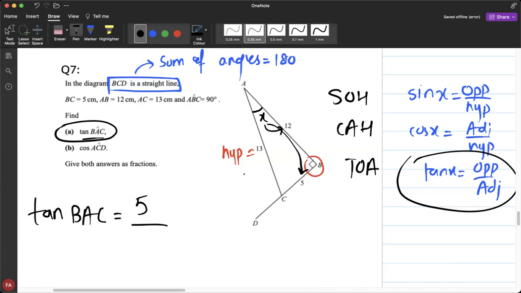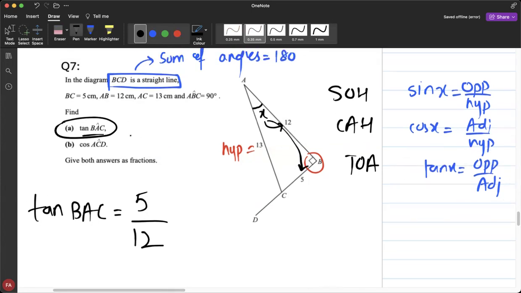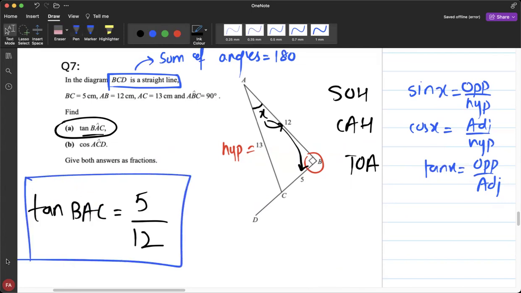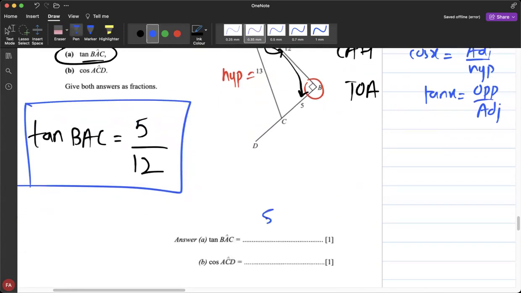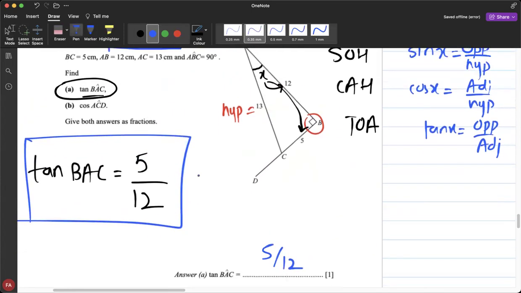Can I say right next to this has to be 12? That's it. Again, everyone, it's a paper one question. I've seen many students where they start taking the inverse, they start finding the angle. They don't want you to find the angle. They want you to just figure out the tan of this angle. That's it. I'm done. So in the first blank, I'm supposed to write down 5/12. That's all I had to do.